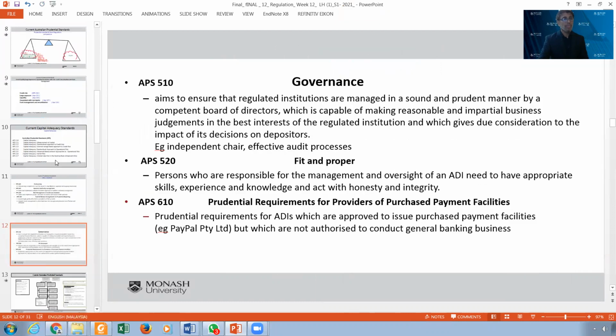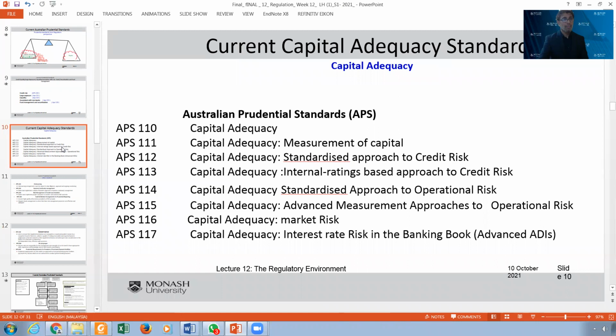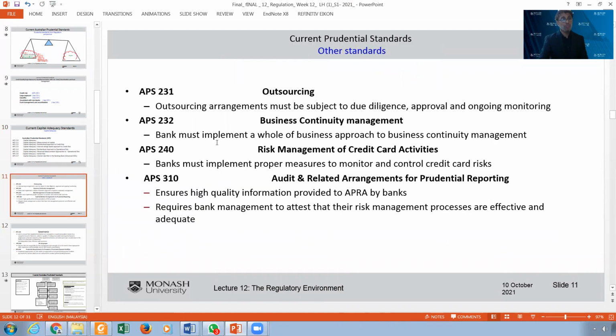Now let's see what covers the other issues. We have APS 231 talking about outsourcing, which is if the bank wants to outsource to some other body or company or party to perform any banking services for them, then this has to be operated under 231.